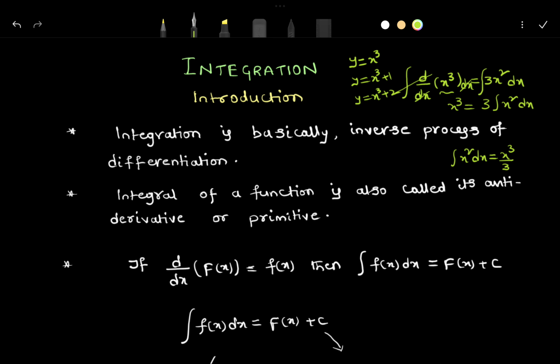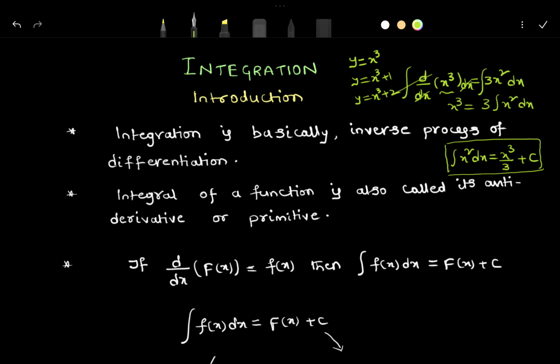So after the integration you have to take the integral constant. That integral constant is represented with a c. So the integration of x square into dx will be written as x cube by 3 plus c. So this is the process of integration.